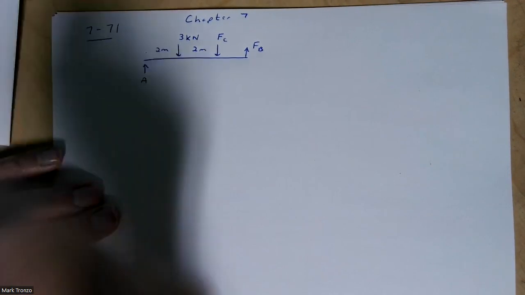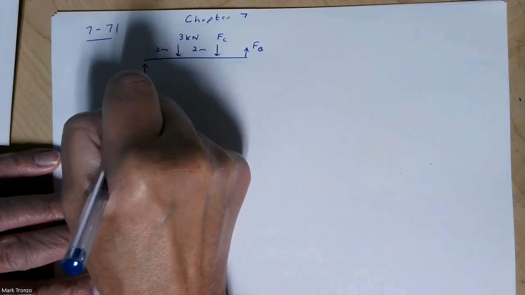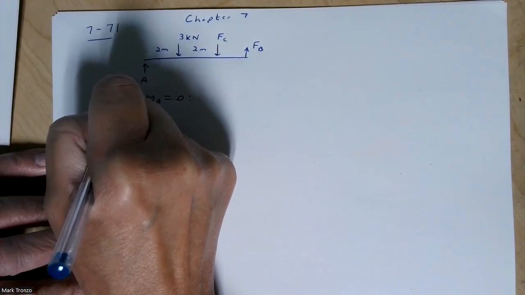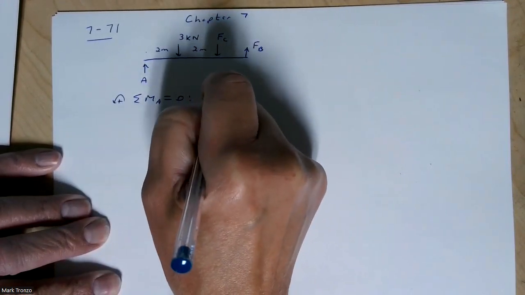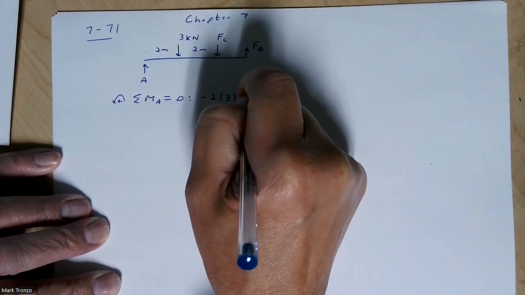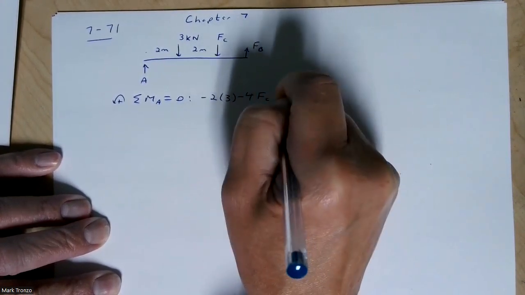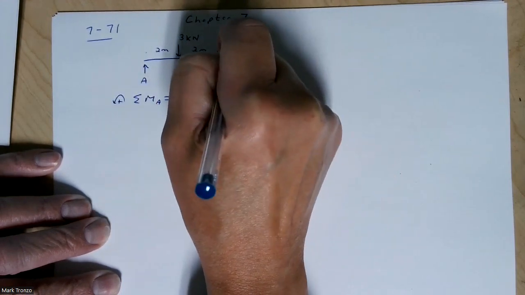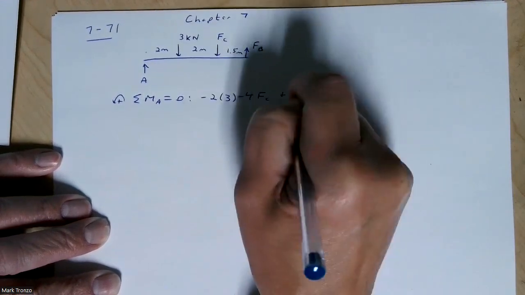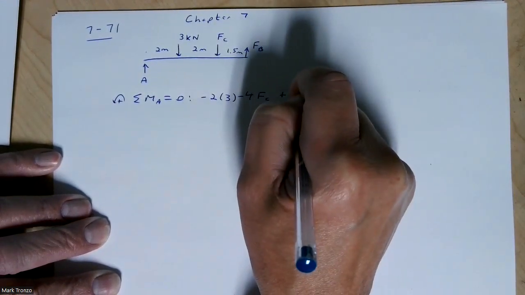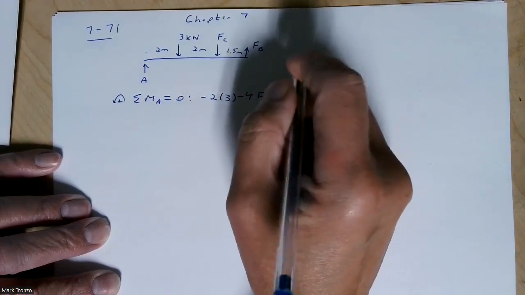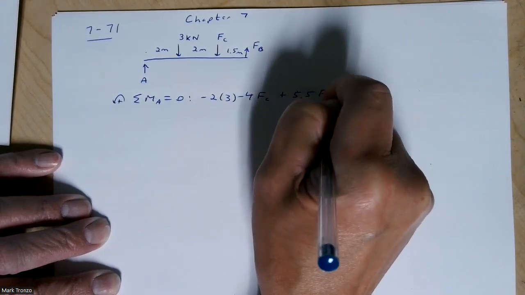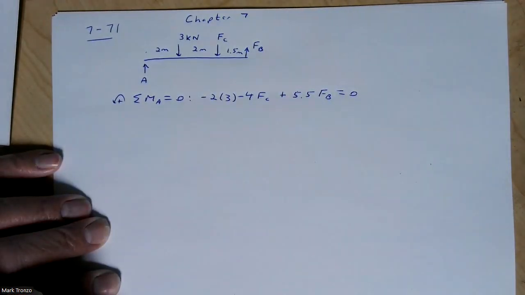So let's sum the moments about A. That'll be minus 2 times 3, minus 4 FC, plus this is 1.5, plus this is going to be 4, 5.5, equals 0.